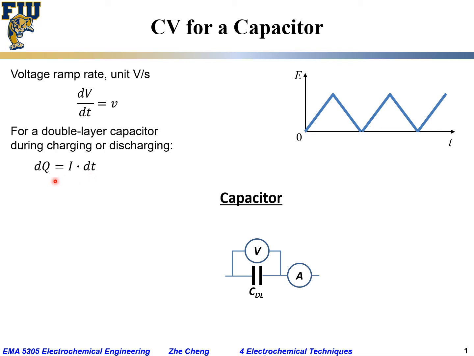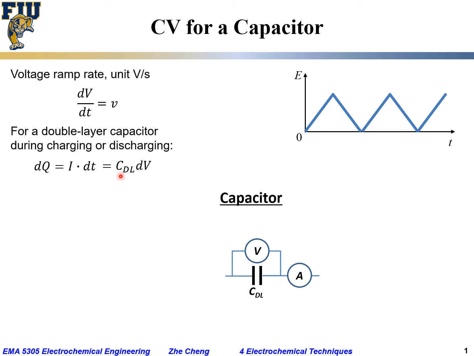And then for a capacitor, by definition, the capacitance is related to Q by the voltage. So this incremental charge for a capacitor will just be the capacitance times the incremental change in voltage across the capacitor. That's what you also learned in physics.